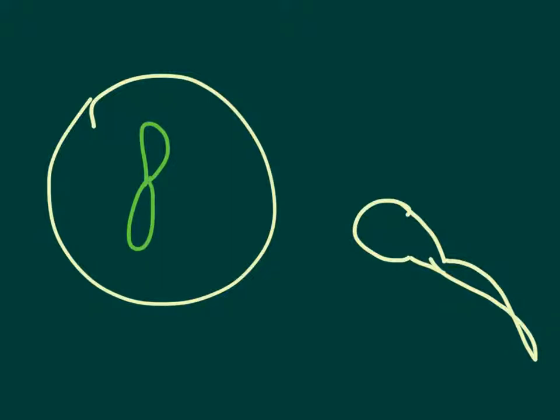When that egg and that sperm meet, this individual now has every last bit of DNA they will ever have. If you are going to make a genetic modification that every cell of this person will have, you have to make it right now, at the moment of conception.